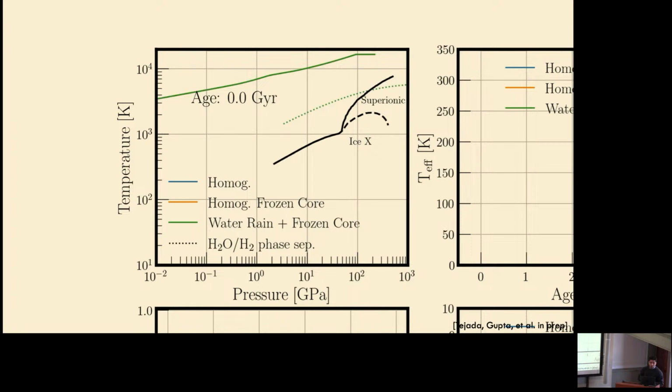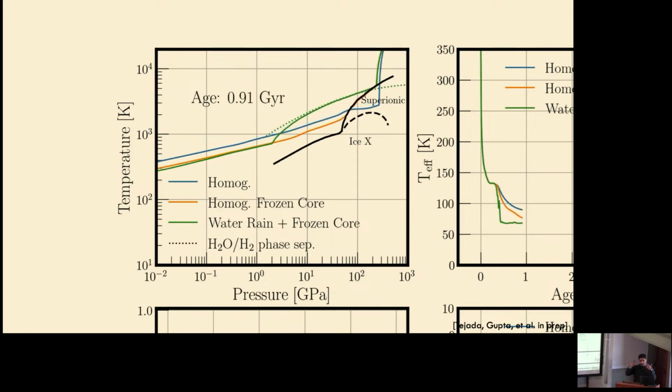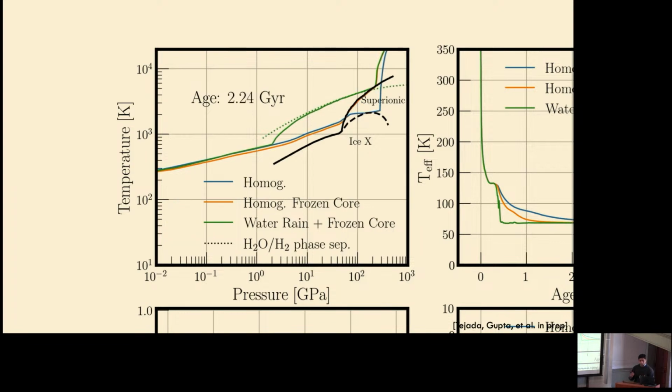So just focusing on this particular plot, y-axis temperature, x-axis pressure, what he's finding is something interesting: when you do take these things into account self-consistently, there are some issues with reproducing the current observations of Uranus and Neptune.